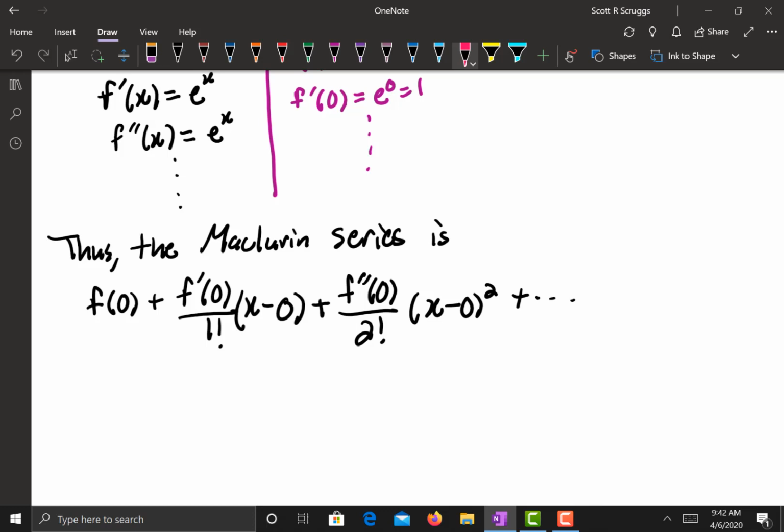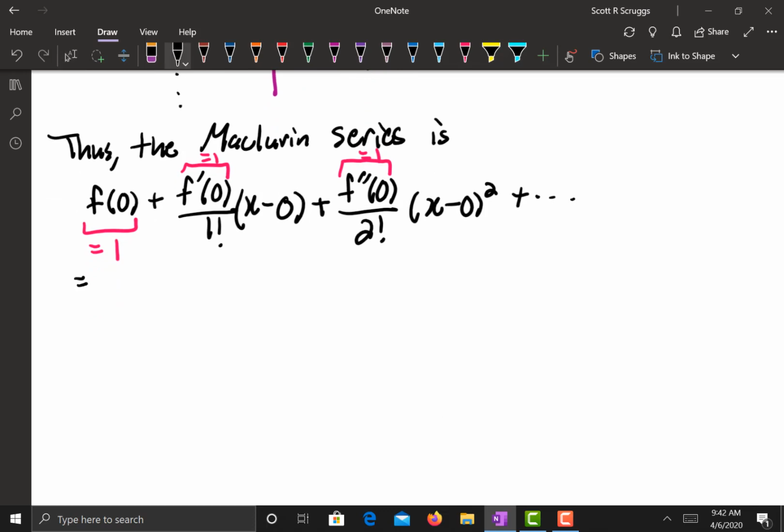But we can simplify this a lot, because I know that I don't care how far I go, I'm always going to get 1 here. And because my center is 0, I can just replace it with x, I can replace it with x squared, and so on and so forth.